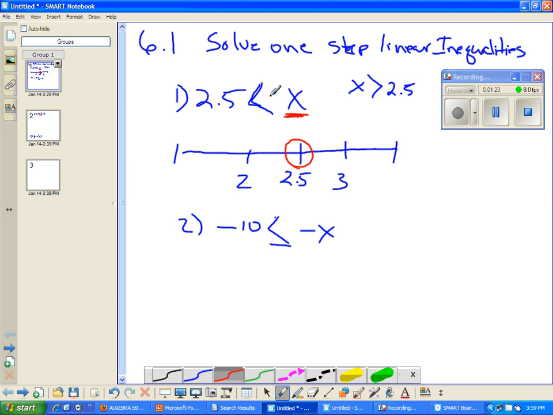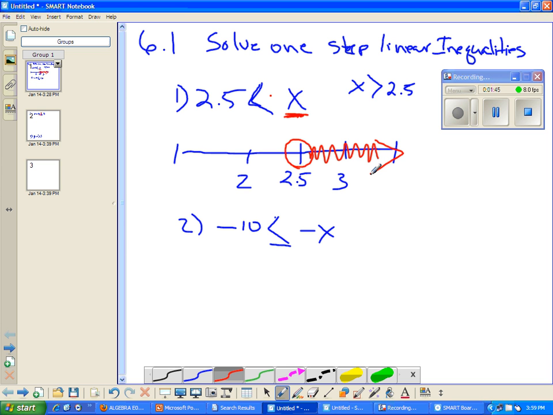Well, if x is greater than 2.5, I know that 3 is greater than 2.5, so I just draw a squiggly line this way. X is greater than 2.5, and all the numbers above 2.5 are x.